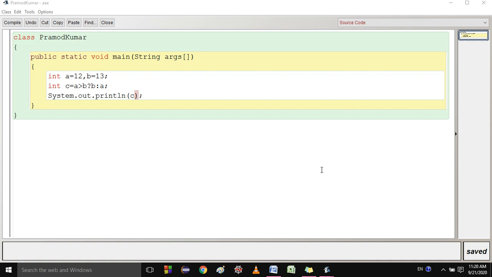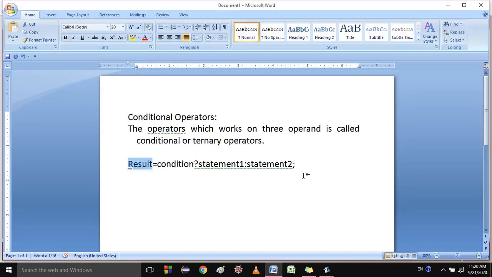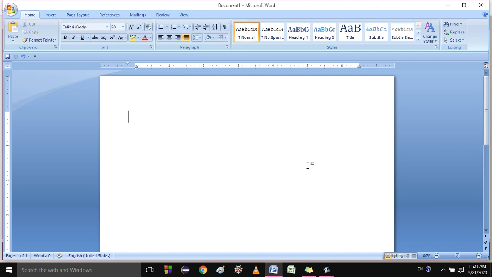The question is based on the increment and decrement operators. Students, suppose I have this question, how can you solve this type of question? Suppose I have ++y, then y++, then --, then +, then --y.